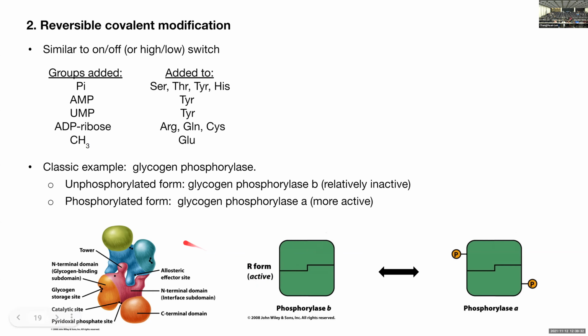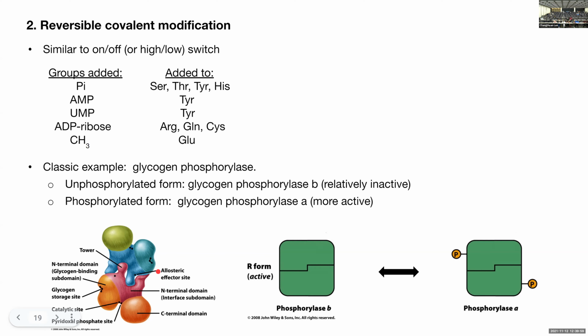But when you look at the structure of this glycogen phosphorylase, it's basically a dimer, so it has two equivalent subunits, and the active site is basically a little dip here that is exposed outward, and it also has an allosteric effector site. And what would that mean? It has an allosteric effector site.